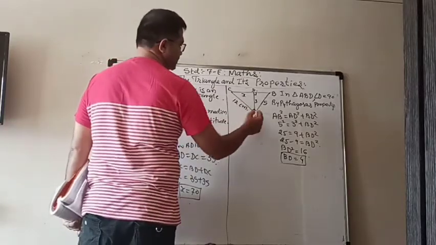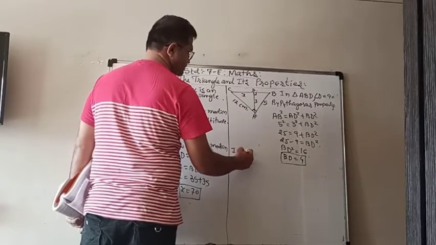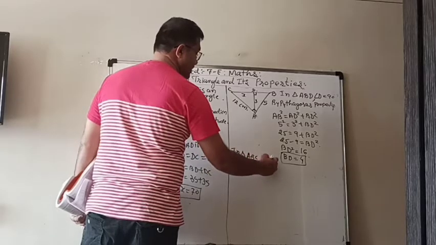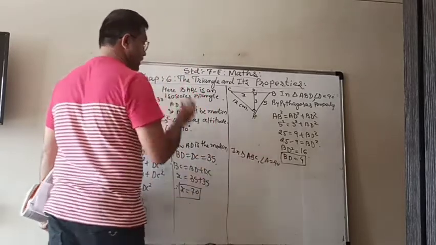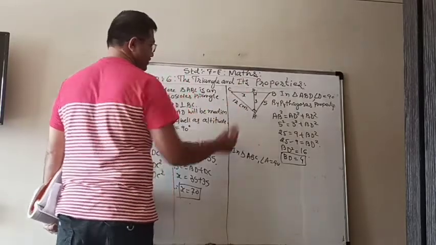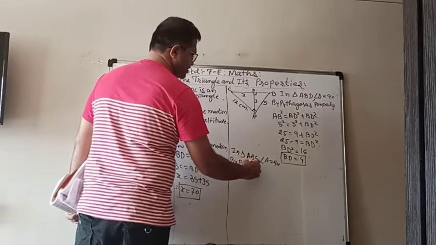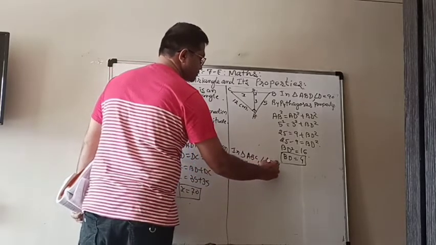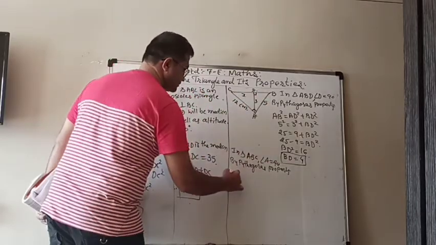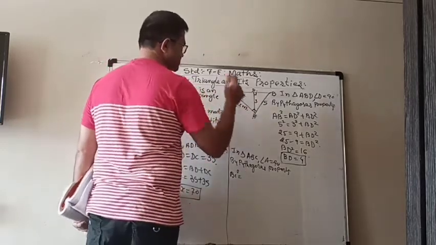Now we will take the whole triangle because it is also a right angle triangle. So now in triangle ABC, angle A is 90 degree here. So BC will be the hypotenuse. Therefore by Pythagoras property, BC square is equal to AB square plus AC square.